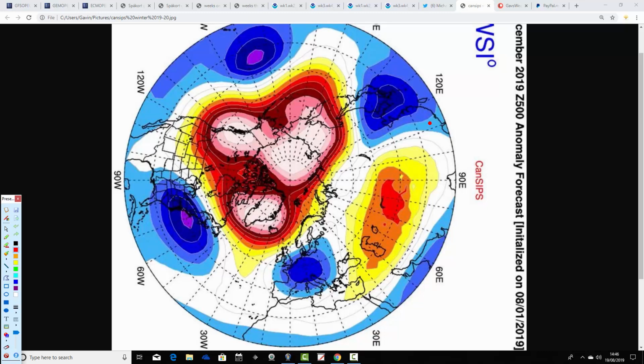But if you get the blocking in the right position, if you get the blocking centred over Greenland, just there, then you can get it cold on both sides of the Atlantic. And a lot of the coldest winters that we've had in the history of UK winters have coincided with cold on the other side of the Atlantic too, into eastern parts of America.